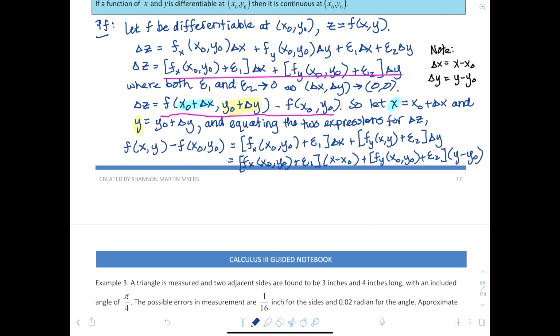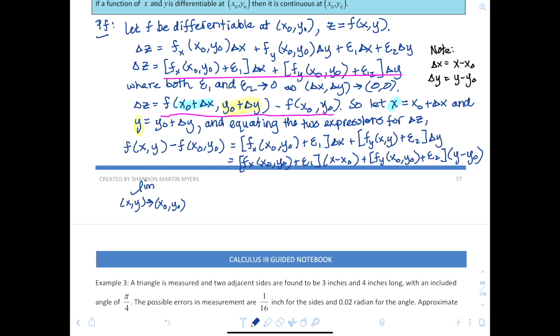Good so far? Now, taking the limit, right? If we take the limit as x and y approach x0, y0, let's see what we're going to have. So we're going to take the limit of this expression here.